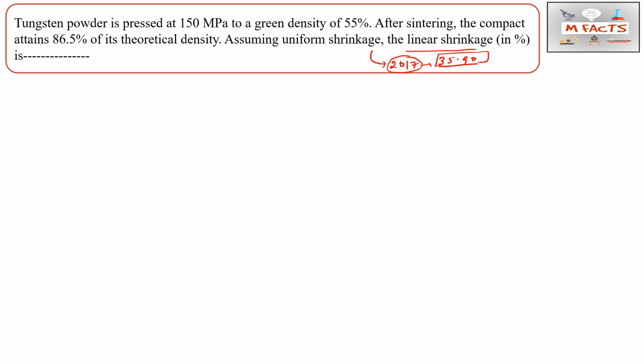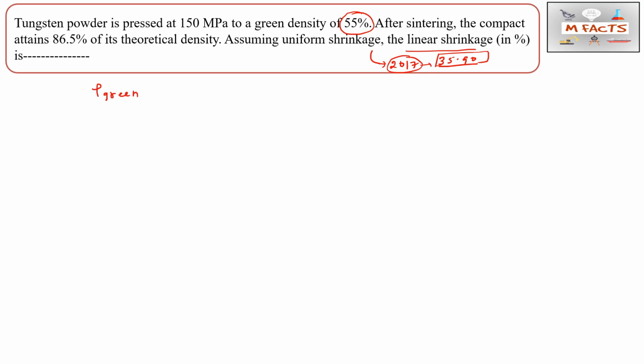Tungsten powder is pressed at 150 MPa to a green density of 55 percent. So 55% is given here. This is the green density, which you can denote by rho green.